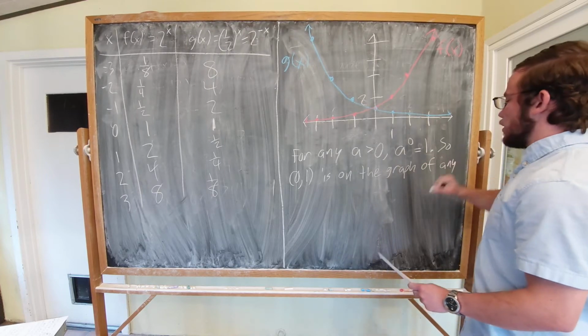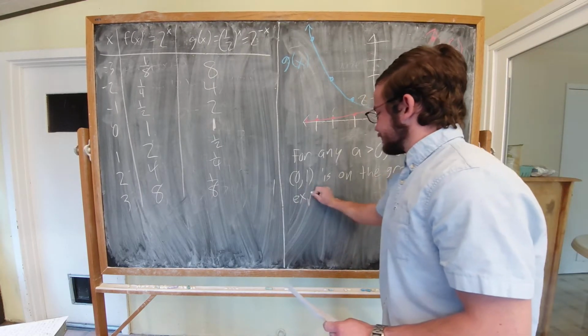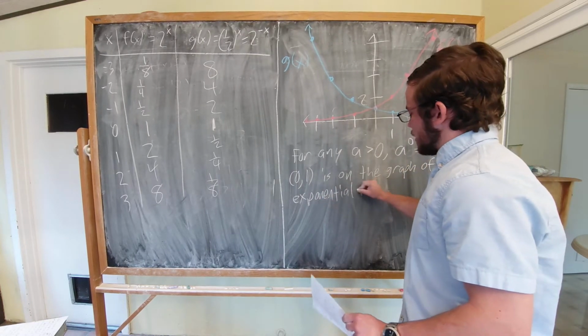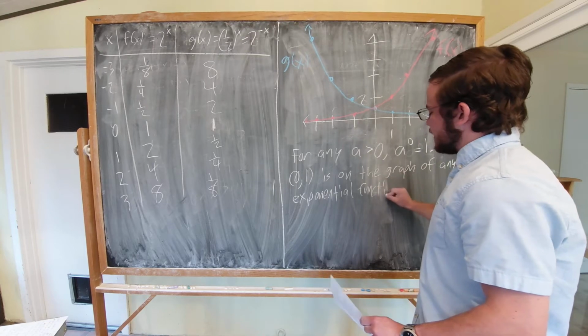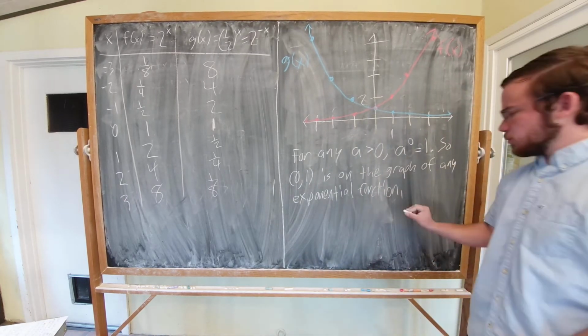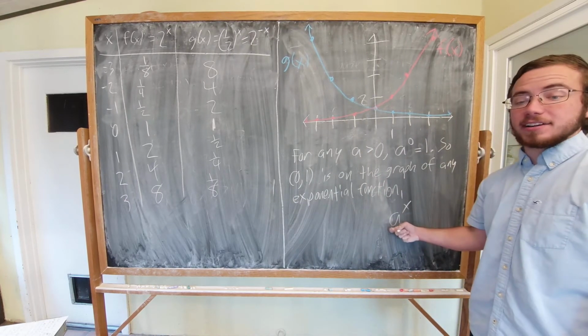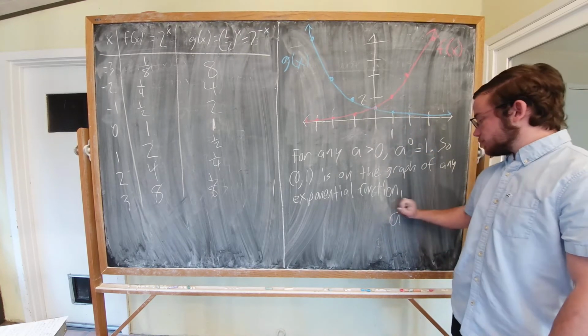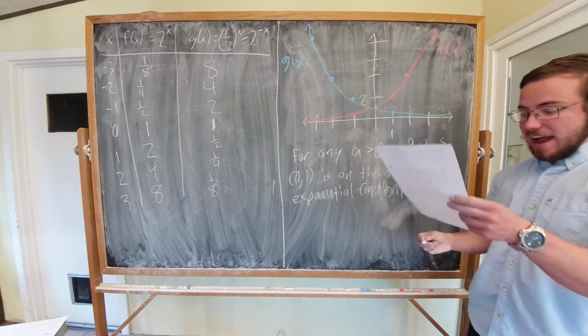As long as you don't do anything weird to the function, if you're just working with something of the form a to the x, no matter what a is, it always will pass through that point. That's kind of a nifty fact.